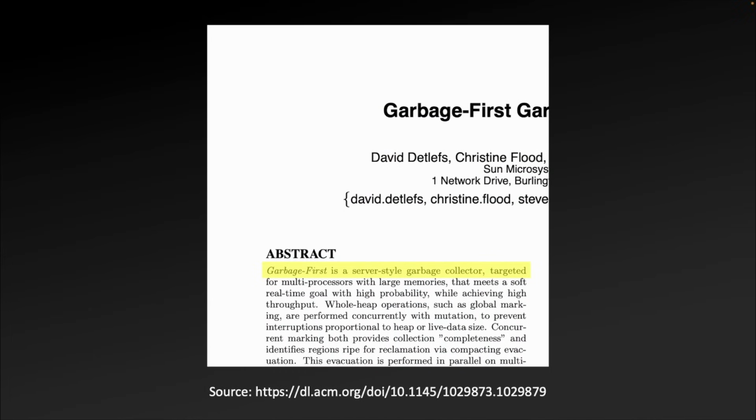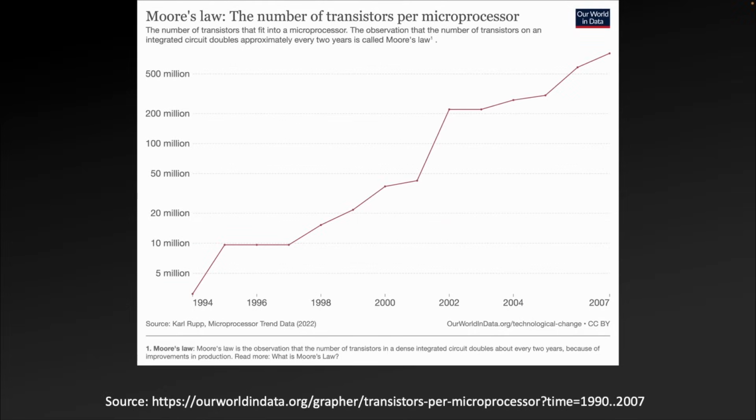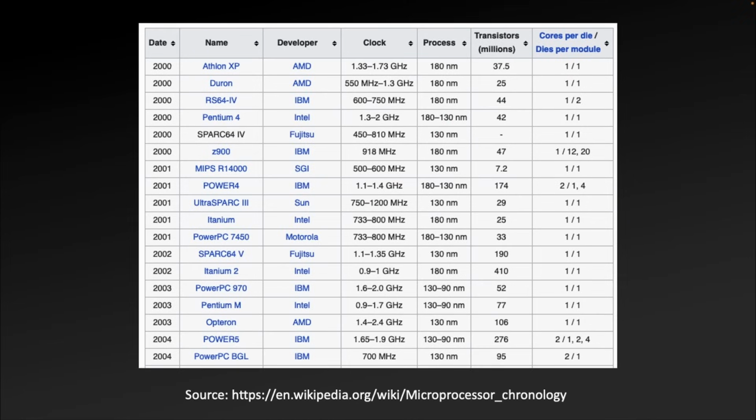The authors of the paper described a server style garbage collector targeting multiprocessor machines with access to large amounts of memory. This design goal of G1 was responding to an interesting phenomenon happening in computer technology around that time. Although Moore's law was still well in effect with transistor counts doubling every 2 years, clock speeds were starting to plateau because of issues relating to heat dissipation.